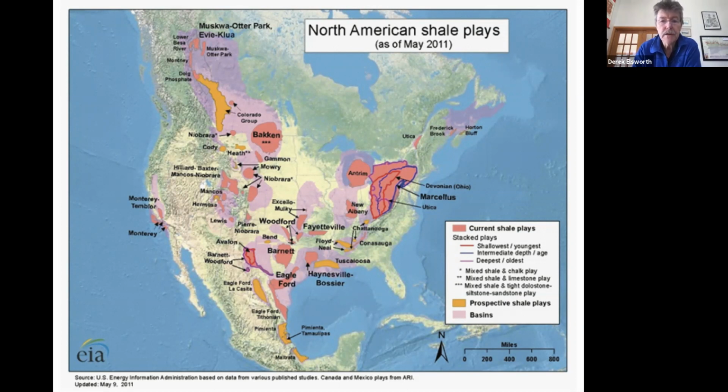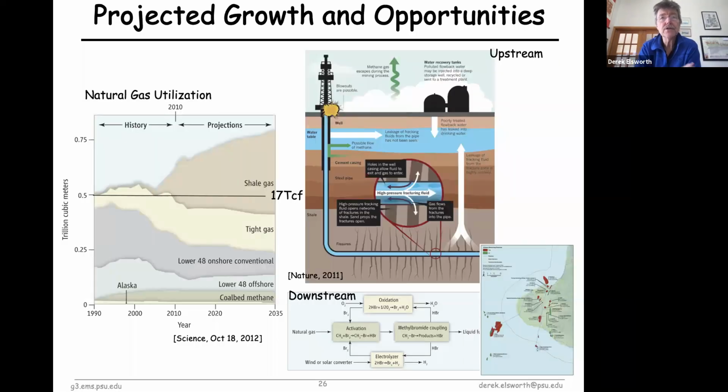It's not. The big innovations that allowed these tight gas shales to be recovered were two. One was horizontal drilling, where you drill down to 3 kilometers vertically, and then you have your hole run a couple of kilometers horizontally within the shale horizon.